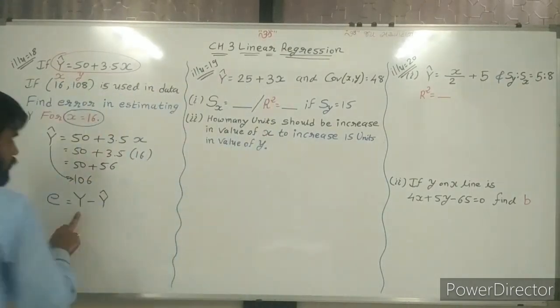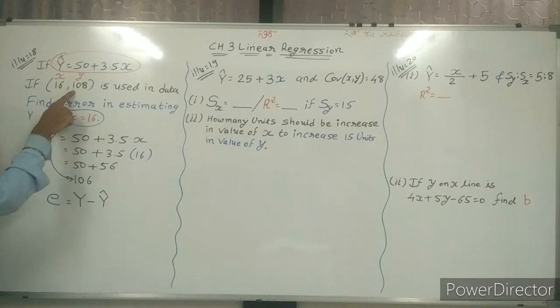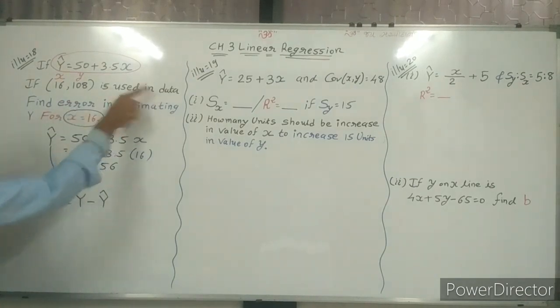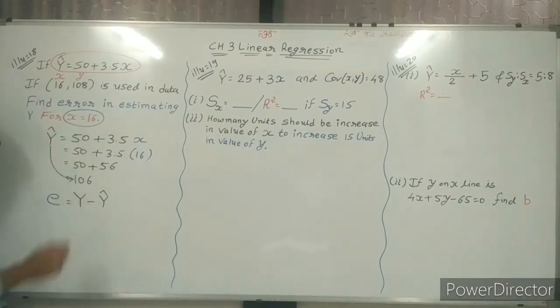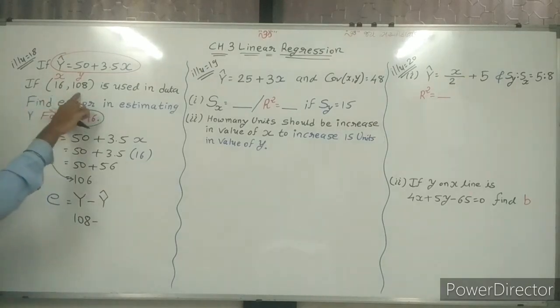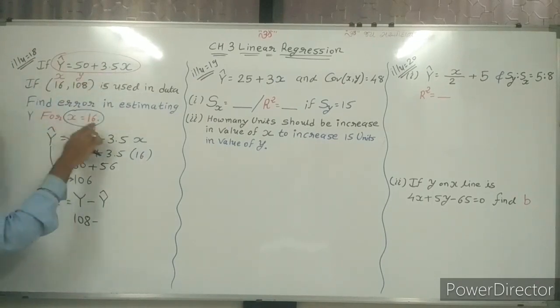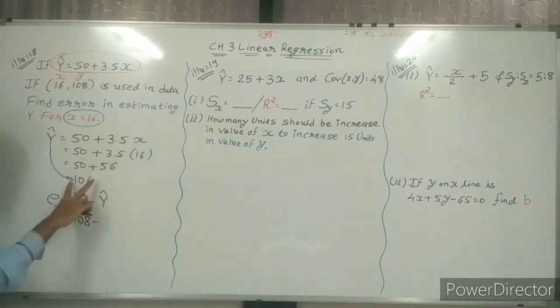So first of all, y means original value. Sir, where is y? Here. For x is equal to 16, y is equal to 108, which is used in this data. So sir, the actual value of y is 108. So first of all, write 108, because for 16 the actual value of y is 108. Now by replacing x is equal to 16 in the function, here what have we got? 106, that is my estimation.